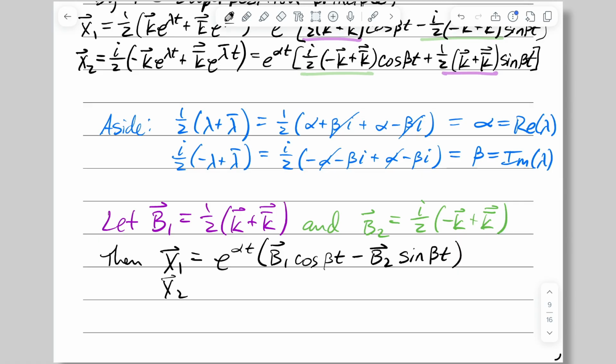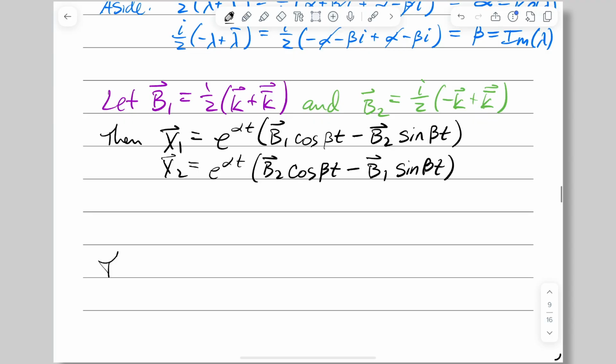And x2 is e to the alpha t b2 cosine of beta t minus b1 times the sine of beta t. These are two linearly independent solutions, and they're all in terms of real numbers because of what we did with k and its conjugate.